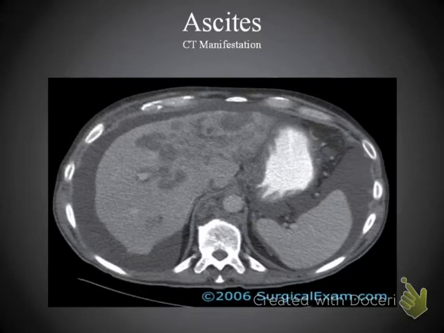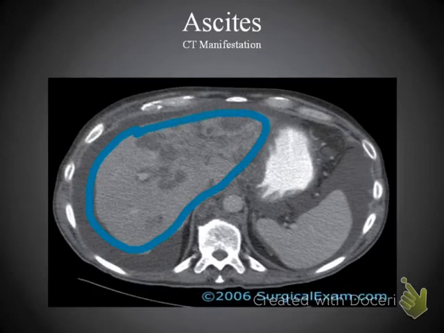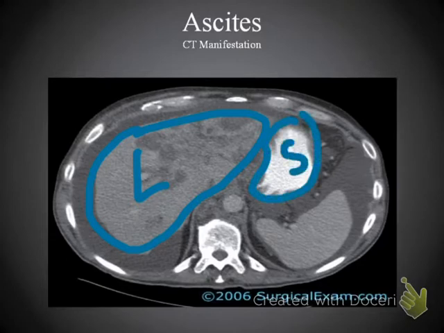But if we just look at this image, we first have to go over some anatomy so that we can actually understand what we're looking at. So this structure here is the liver, so we're going to put an L here. This is the stomach.